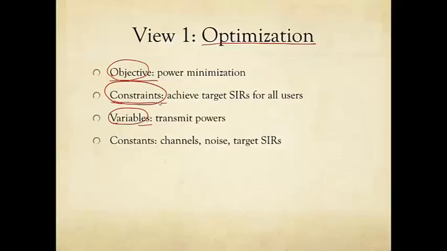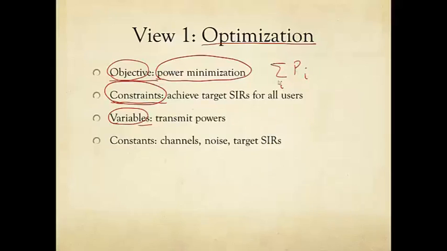Now we will see a mathematically precise, unambiguous language called optimization theory. And in each optimization problem, there are four main data fields. One is, of course, the objective. Now, in the case of transmit power control in cellular networks, the objective is to minimize the sum of the individual transmit powers. So we'll write minimize the sum of the P_i over i.